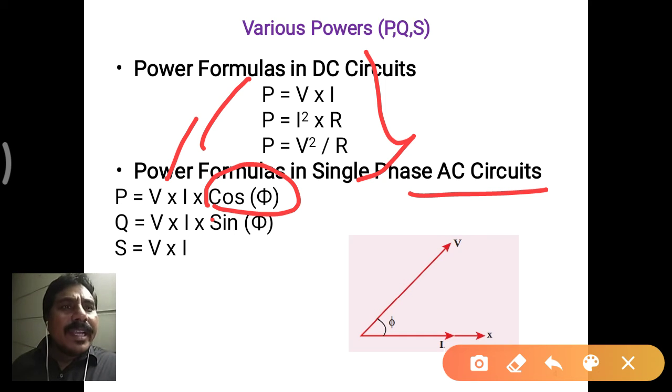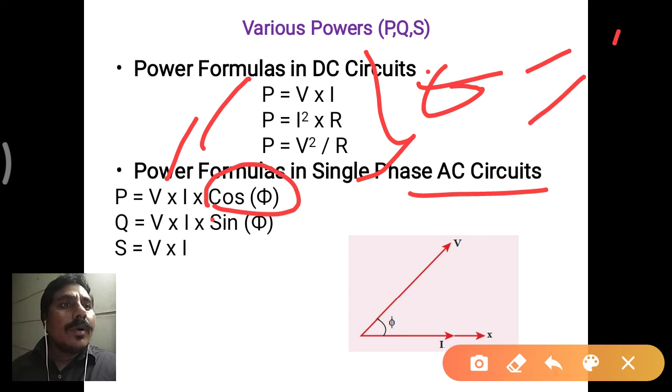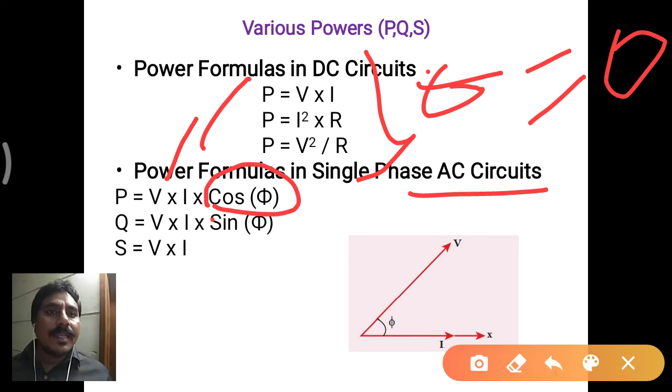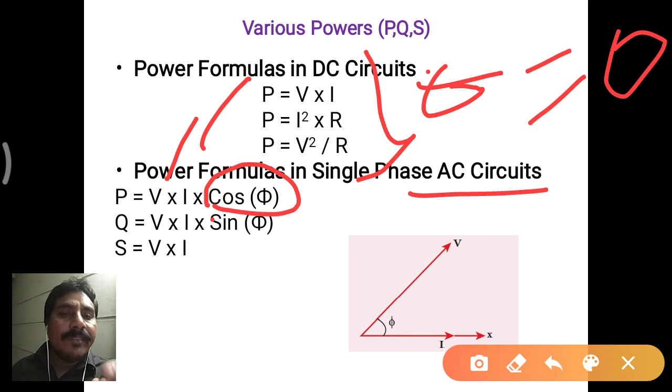Because in DC, the theta value is equal to 0, whereas in AC there is a phase angle theta between voltage and current, so we have to consider theta. The cosine of theta is nothing but the power factor. So AC power is defined as voltage into current into cos phi.